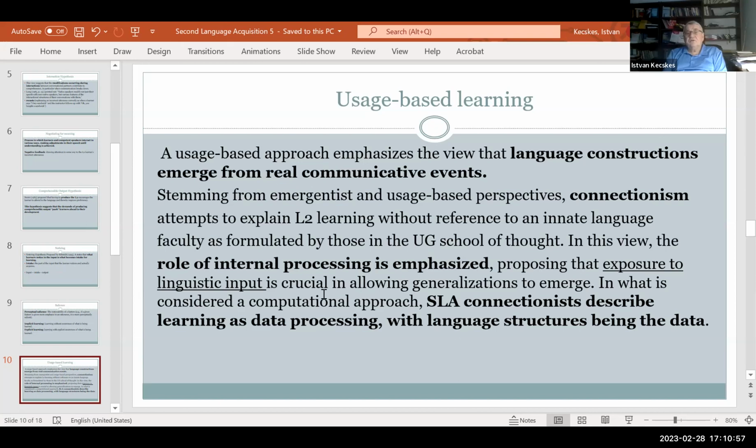After all, emphasis is on what happens after the child was born, what kind of input the child is exposed to, and what the child starts to do with the language. And they say that language emerges from those community activities that happen with the child in his or her environment.